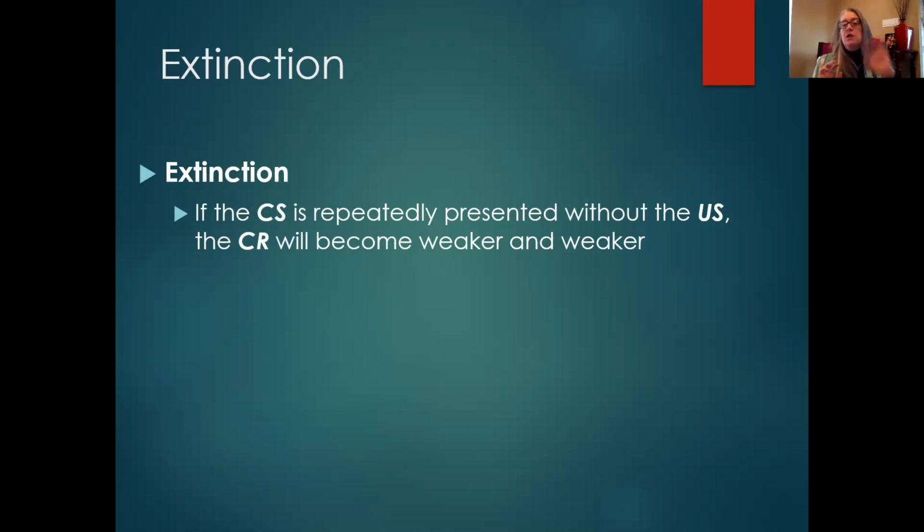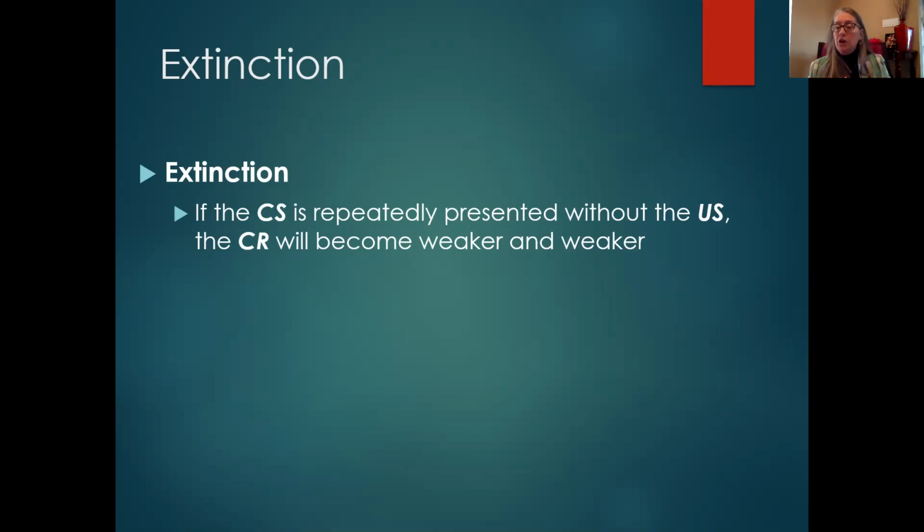Let's go back to the very beginning. Metronome, food, the dog salivated. Metronome, food, the dog salivated. So now metronome alone and the dog will salivate. But every once in a while, you need to pair those two things together again, the food with the metronome.